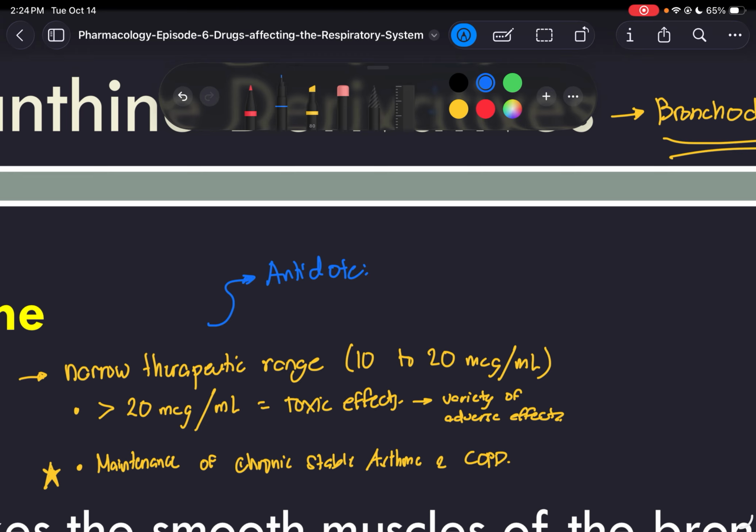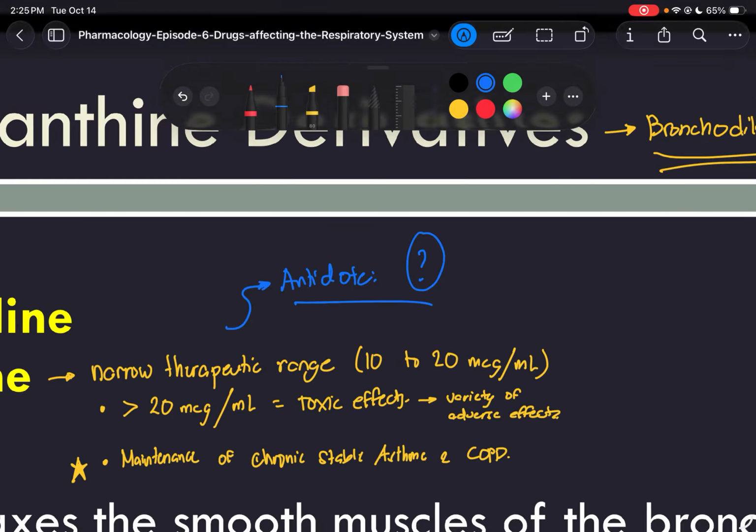Technically speaking, class, there is none. There are a lot of studies that say the antidote for theophylline is activated charcoal, but there's no substantial evidence. So as of right now, there is technically no antidote.